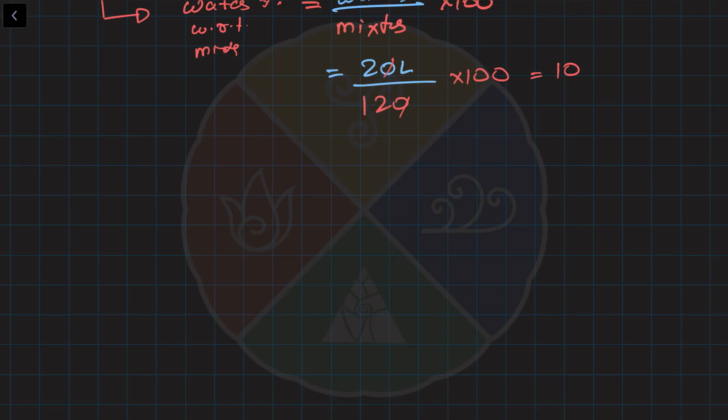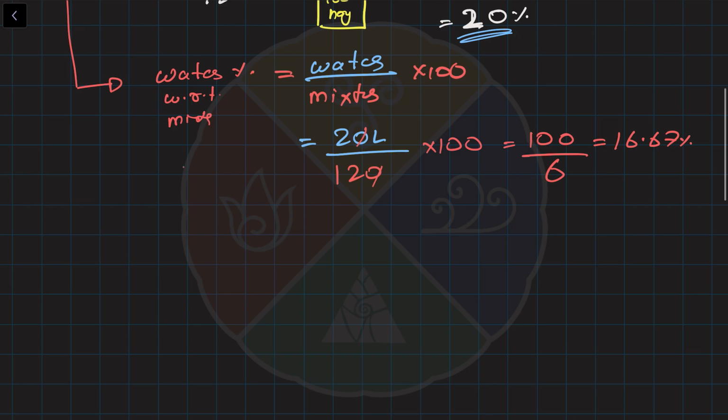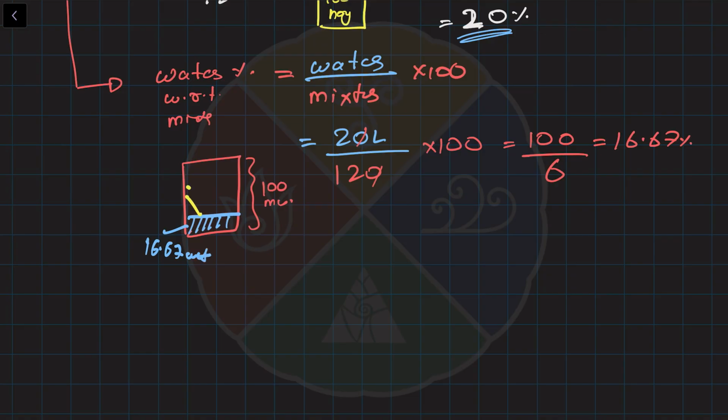That is 100 by 6, which is 16.67%. It basically means that in every 100 liters, or 100%, of mixture, around 16.67 will be water, and the remaining part is going to be your honey.